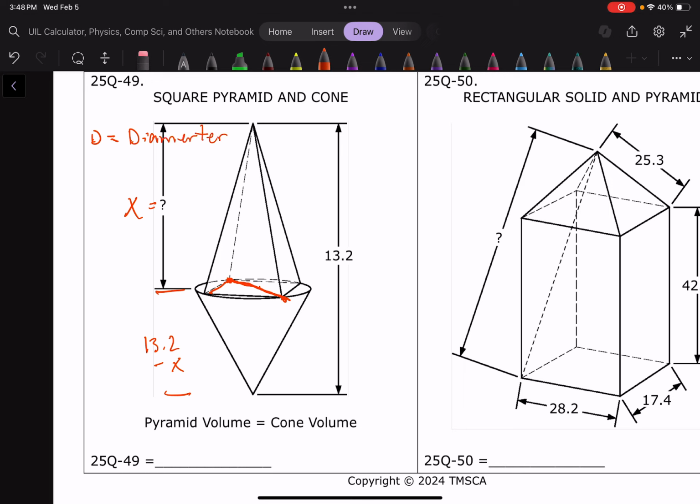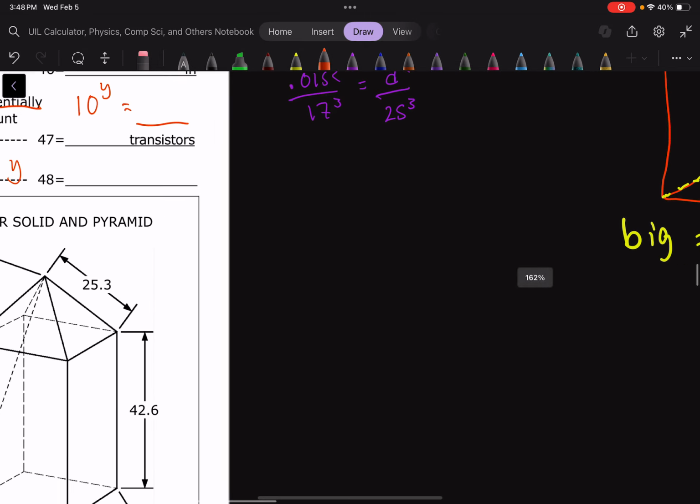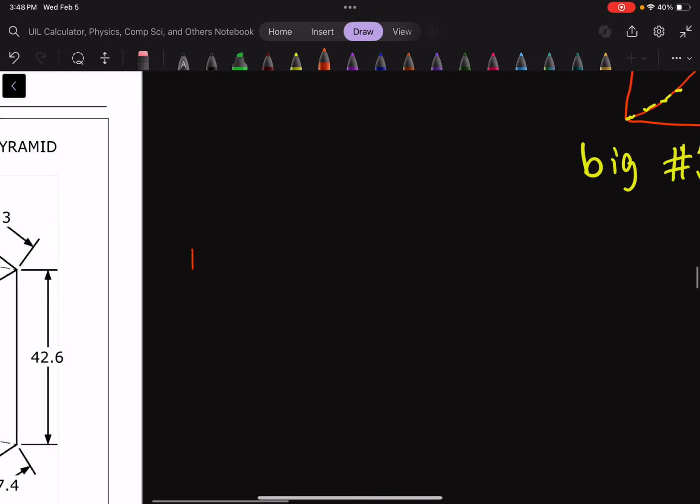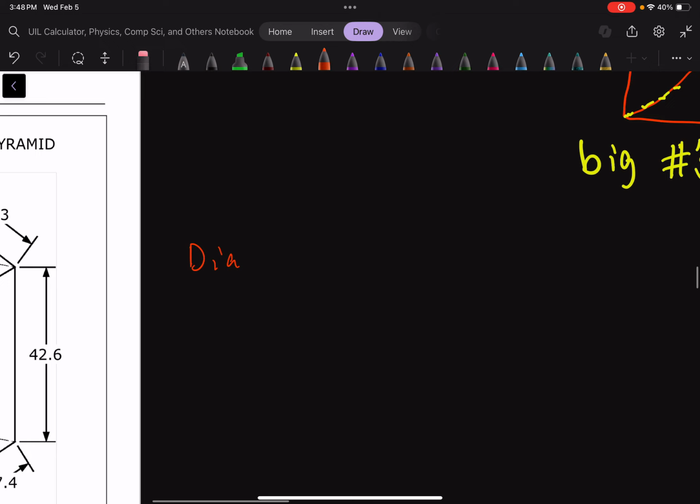Let me go work off onto the other space. So right now we are saying that the diagonal is equal to the diameter. That's because we happen to have a circle and then the square reaches through here. Side, side, square root of 2 times the side is the diagonal. Okay?